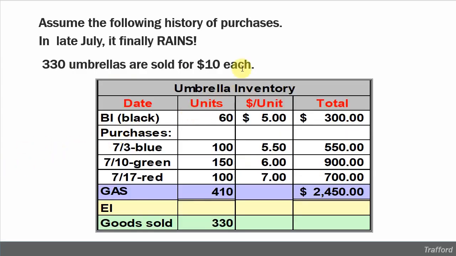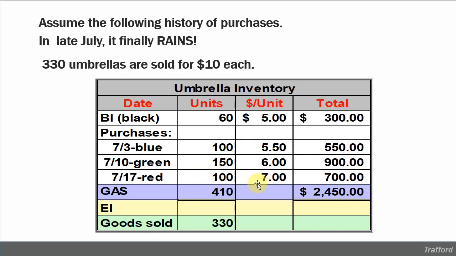Let's go back and look at that schedule again. So we want the newest possible umbrellas. So remember that we have Noah's got some black, blue, green, and red umbrellas all sitting there at the end of July. We are going to cost them for accounting purposes, however, as if they're all red ones. Noah had 100 red umbrellas available for sale. The 80 that are left are all going to be assumed to be $7 umbrellas.